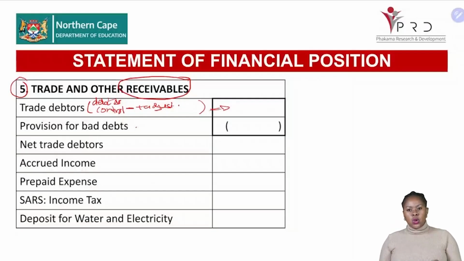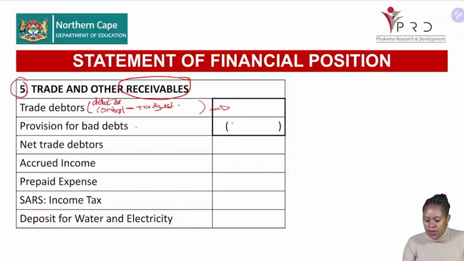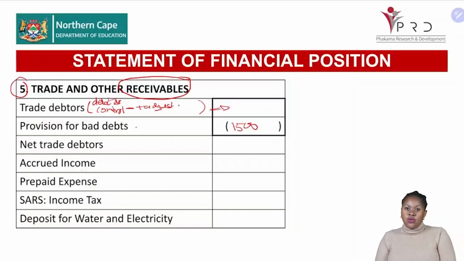All right. So if it was 1,000 in the previous year, and in this financial year it needs to change and become 1,500, then the 1,500 will be written there, because this is the new provision for bad debts. Last year, it was 1,000 that's given to you in the trial balance.